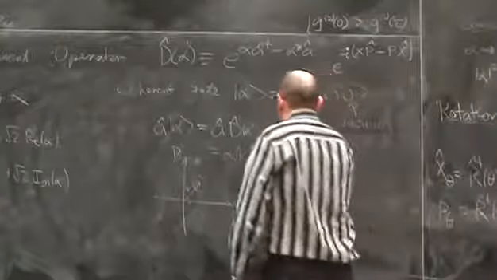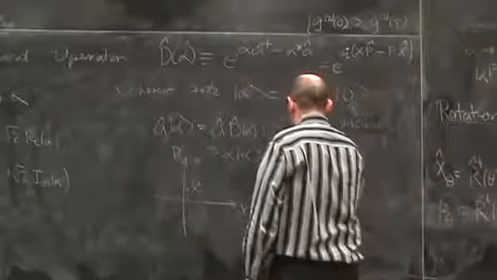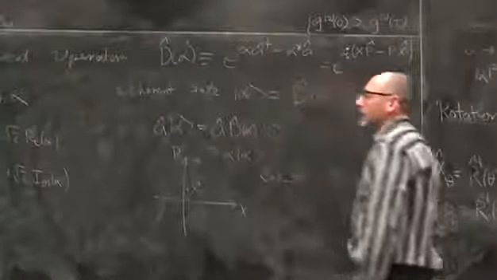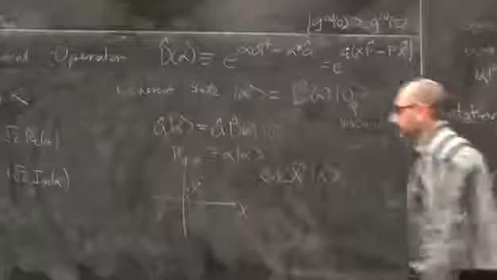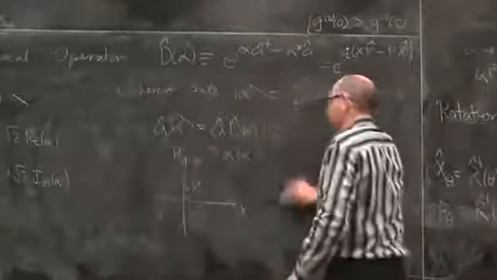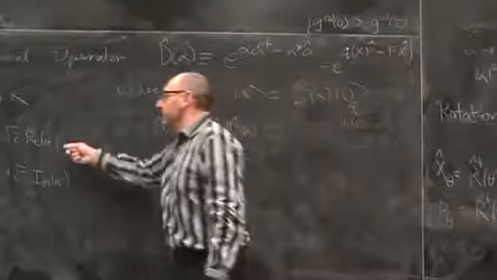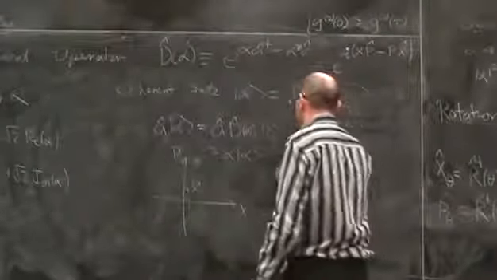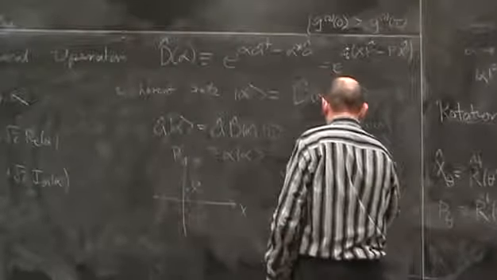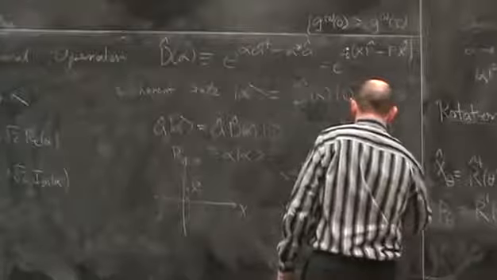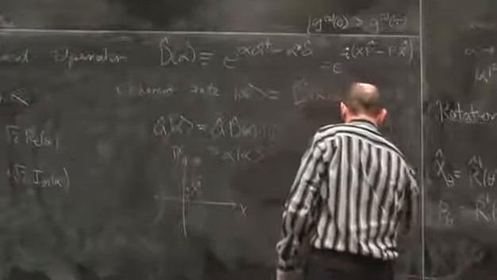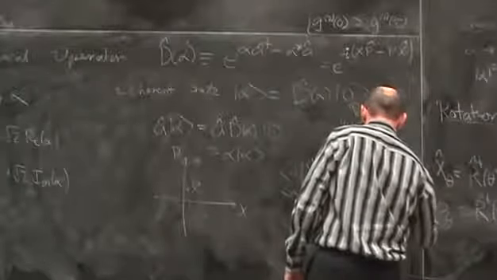Moreover, the fluctuations, again, it follows from these expressions over here that the expected value of position is the real part of alpha, and the expected value of momentum is the imaginary part of alpha.